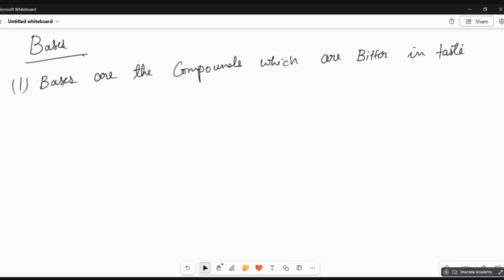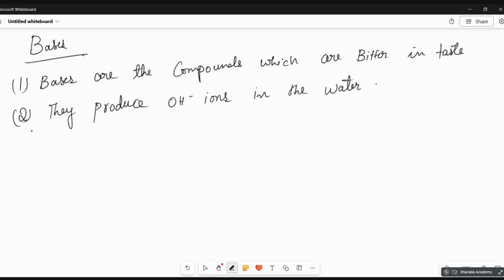Okay, so bases are the compounds which are bitter in taste. Baking soda is there, right? That is also a base. Just put that in the mouth and see, it will be bitter in taste. Bases produce OH minus ions in the water.